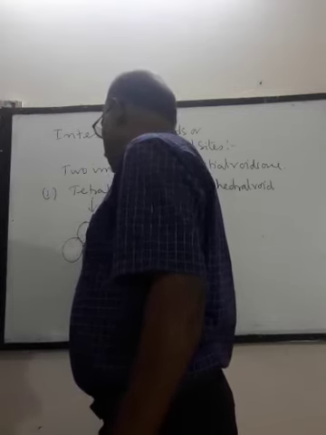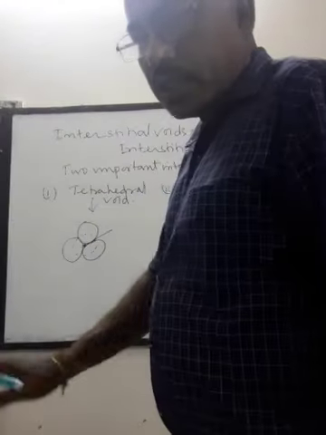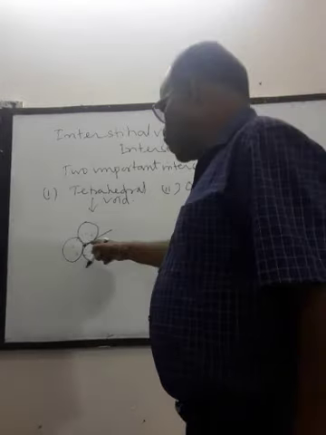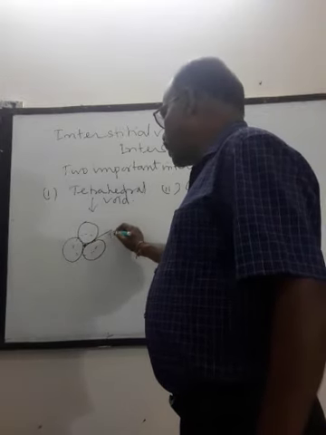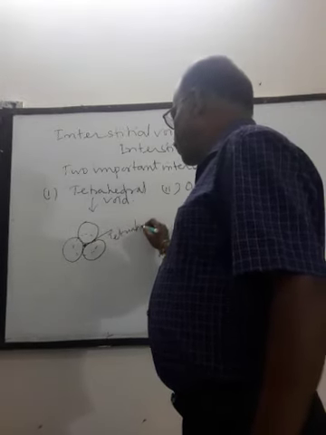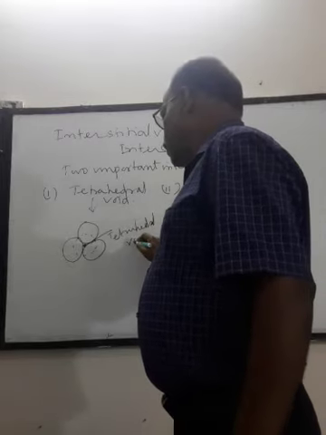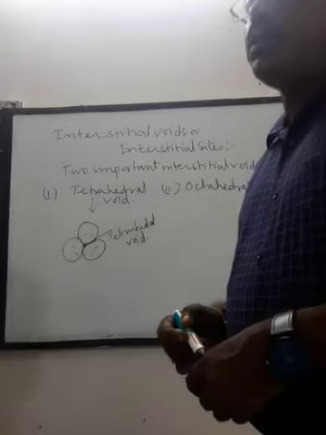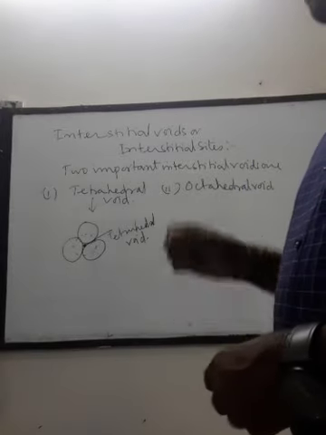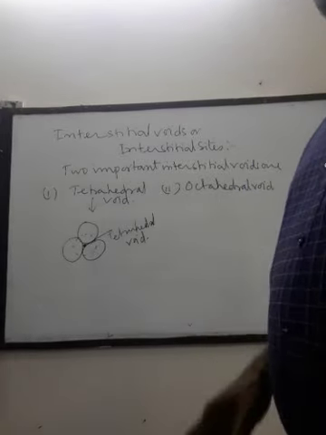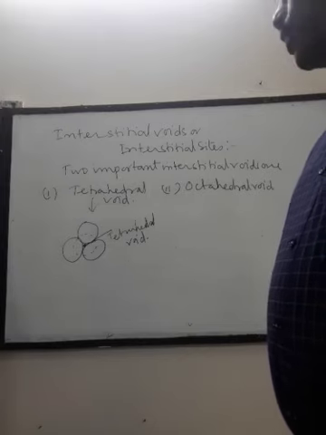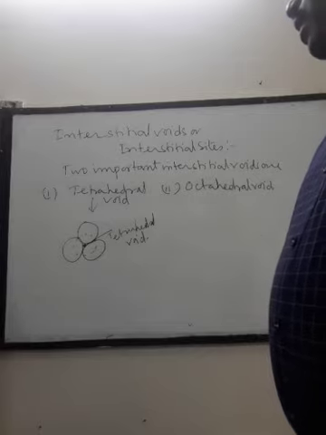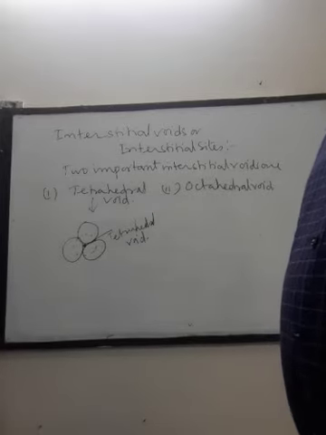So altogether 1, 2, 3 in the first layer and the dotted one in the second layer. So this void is called a tetrahedral void. Tetrahedral voids means voids or sites or holes around 4 spheres.